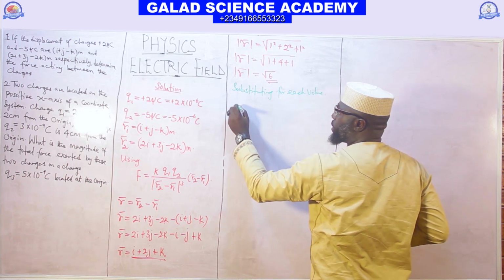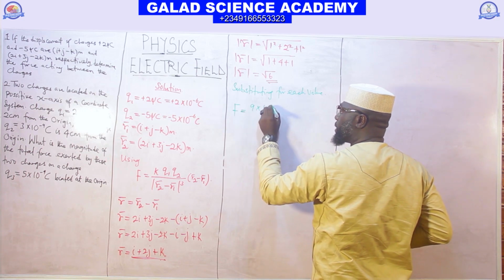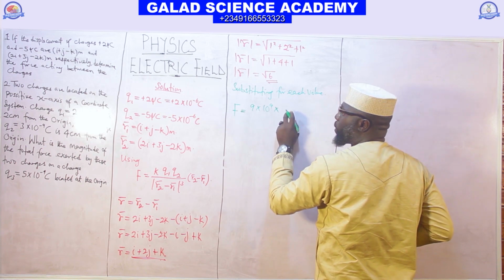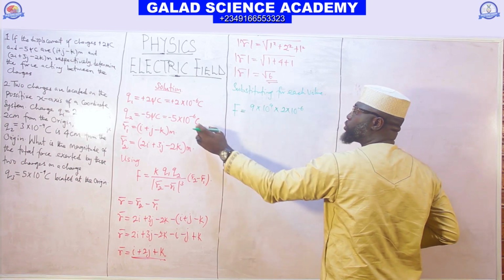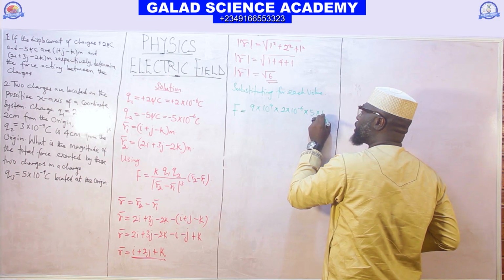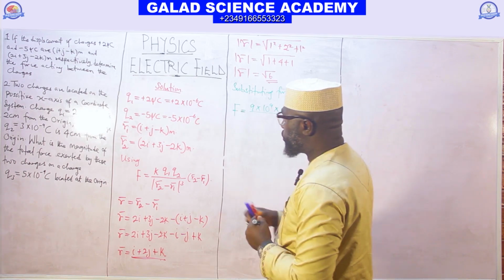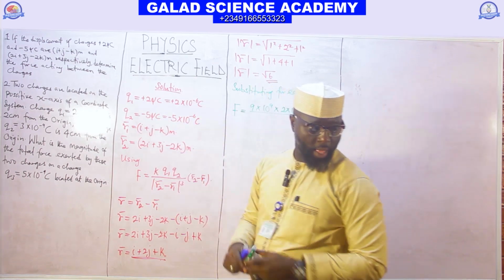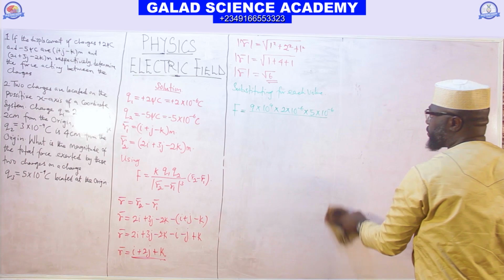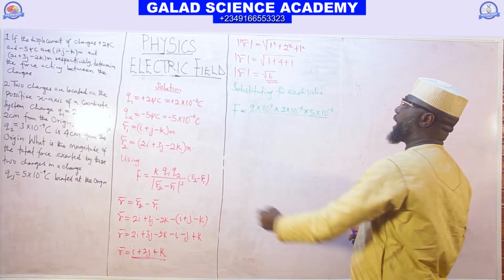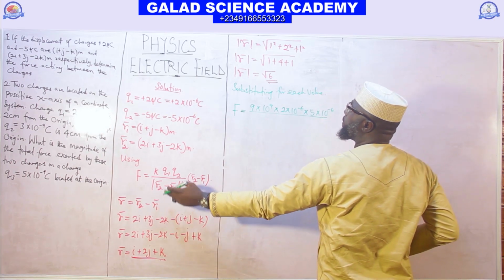By doing that, we have F, k is 9 times 10 raised to the power 9, Q1 is 2 times 10 raised to the power minus 6, Q2 is 5 times 10 raised to the power minus 6, everything over. At this point, we need to neglect the minus and the plus signs in front of the charge.